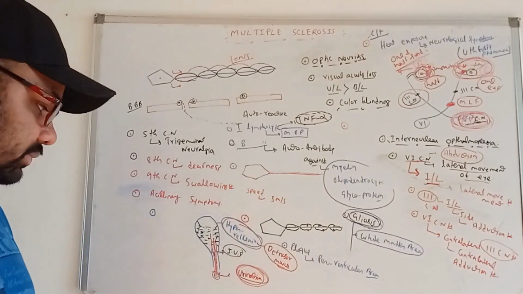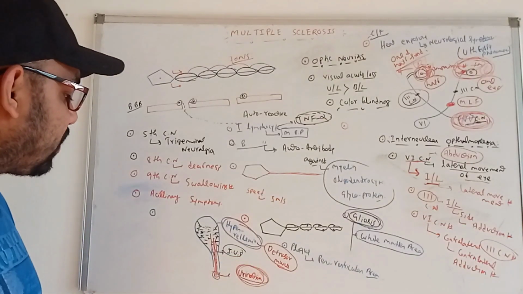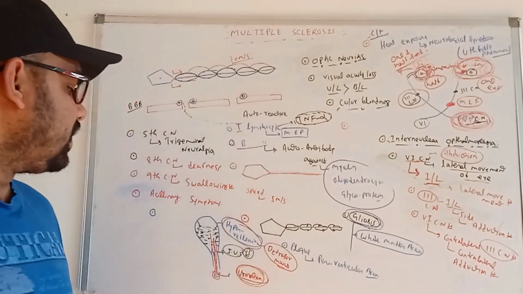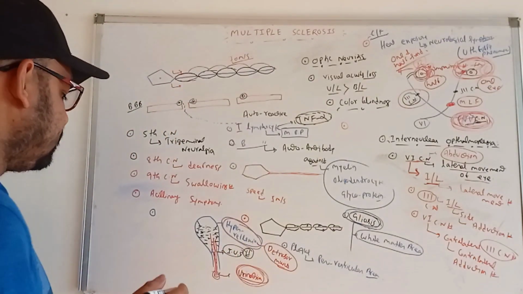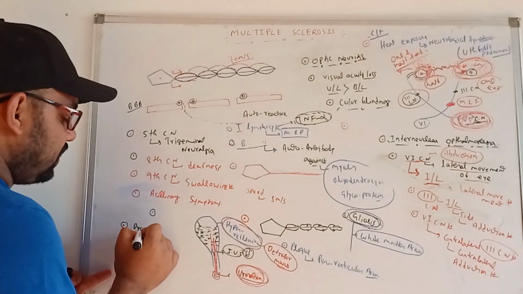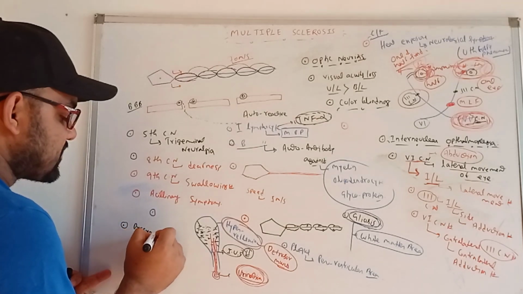For example, if we get to see involvement within the internal urinary sphincter, for example the sphincter is not working properly, I can use a different word, dyssynergic.